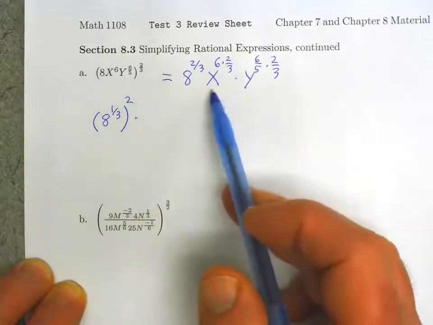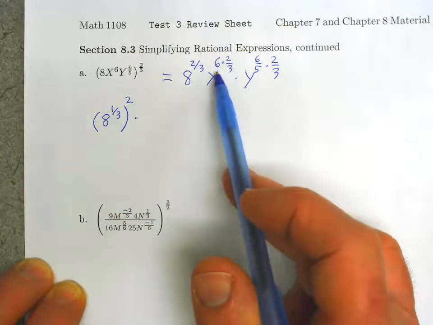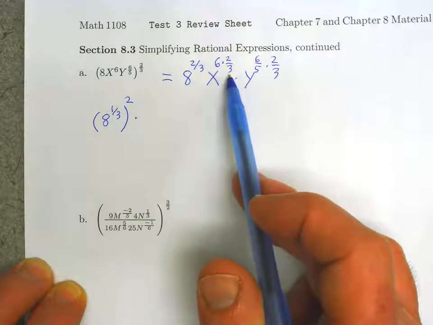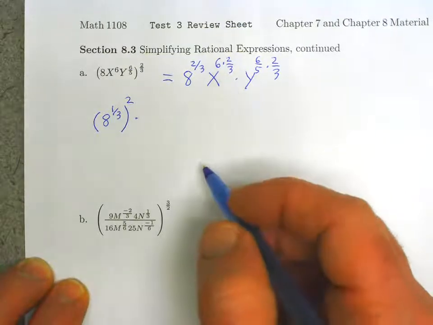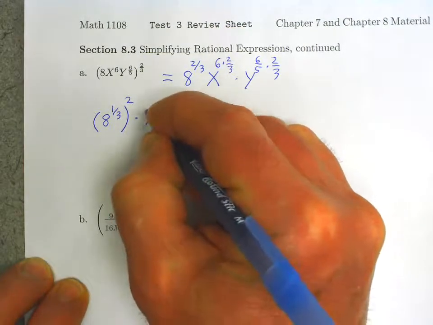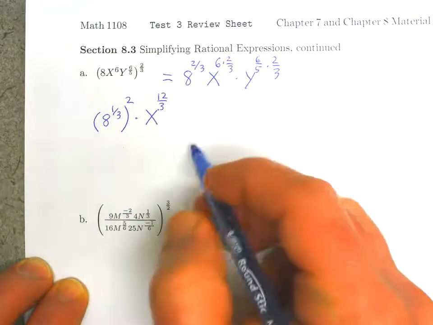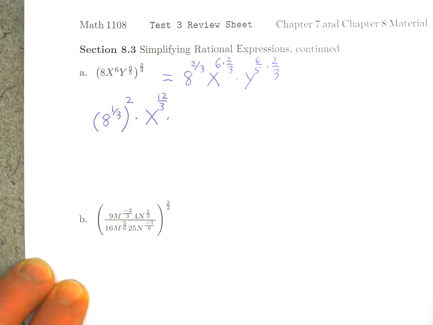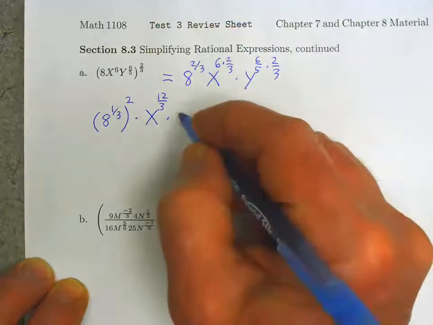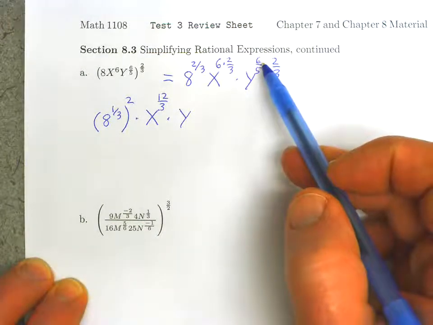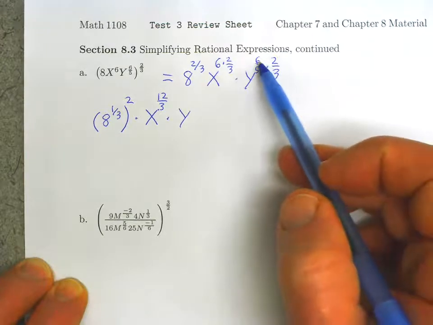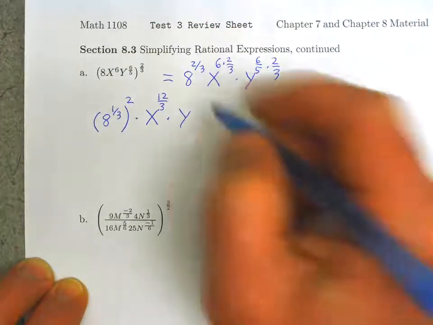And then x to the 6 times 2/3 is, I'll go ahead and write it as x to the 12/3. We'll simplify it completely in the next step. And then y to the 6/5 times 2/3 is 12/15.